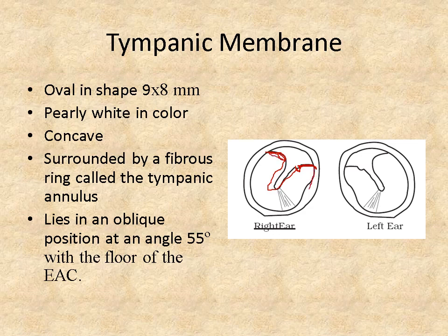Here, around the lower 2/3 is the thickened fibrous ring, what we call the tympanic annulus, and here is the cone of light. There is another landmark here. This is the most depressed part on the tympanic membrane. It's called the umbo at the end of the handle of malleus.